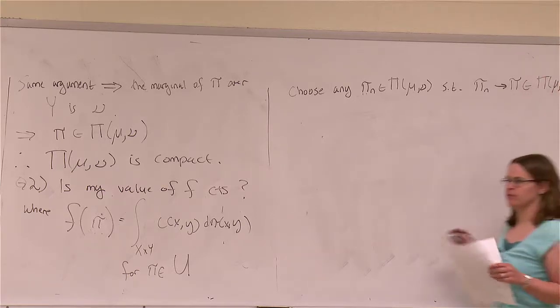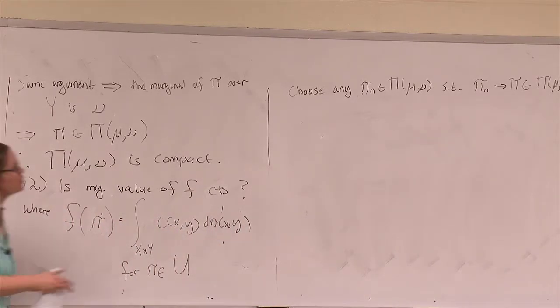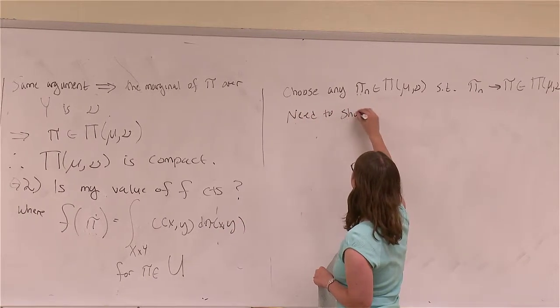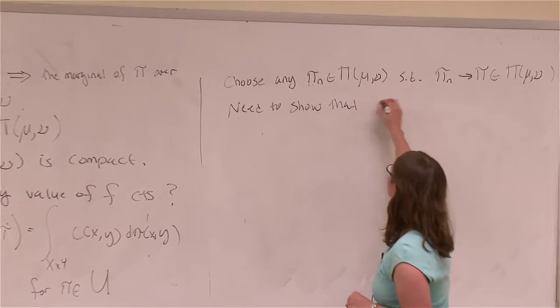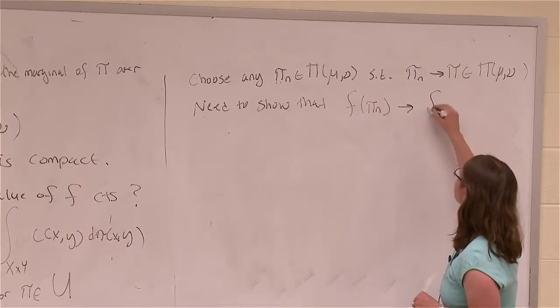We know it has to be, right, because this is a compact set. And we need to show that f of pi n converges to f of pi.